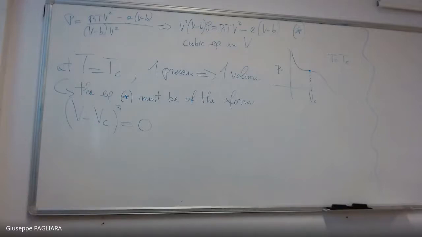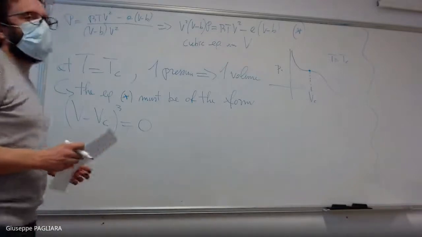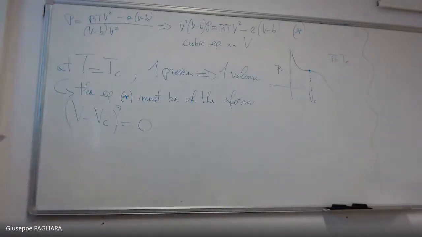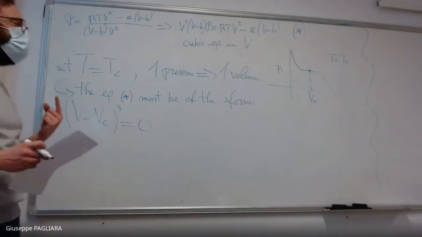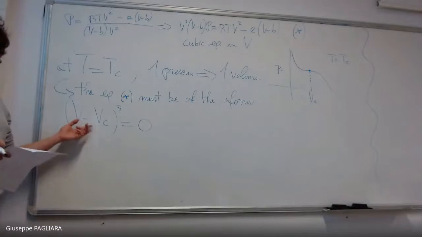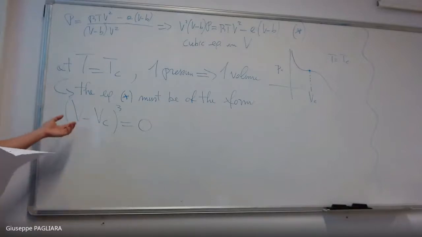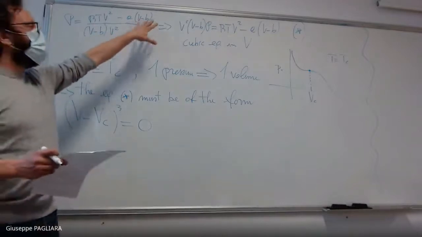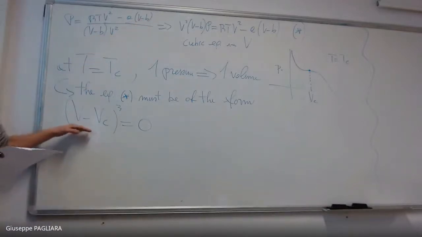So since at T equal to Tc, for one specific value of the pressure we have just one solution for the volume, we need a triple root. So the form of the algebraic equation that we have there must be of this kind.